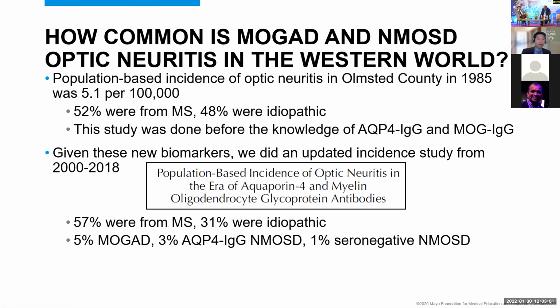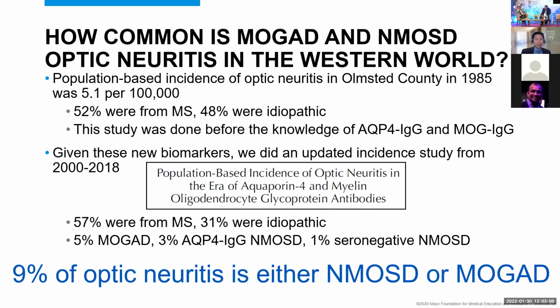What we found is that 5% were from MOGAD, 3% were from aquaporin 4 positive NMO, 1% was seronegative NMO, and therefore 9% of optic neuritis is going to be either NMOSD or MOGAD. So not the most common in the world, but high enough that if you see enough patients with optic neuritis, you're going to see patients with these diseases. And so you have to assign your differential because it ultimately changes prognosis, more importantly, changes treatment.